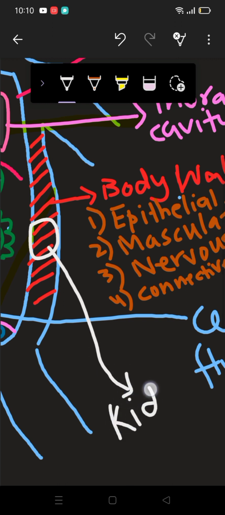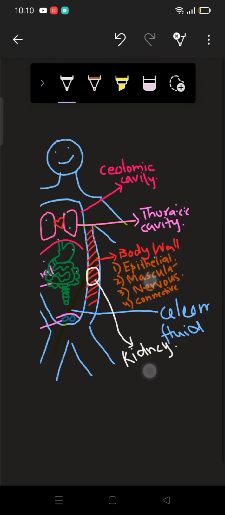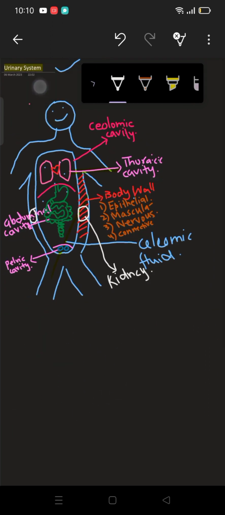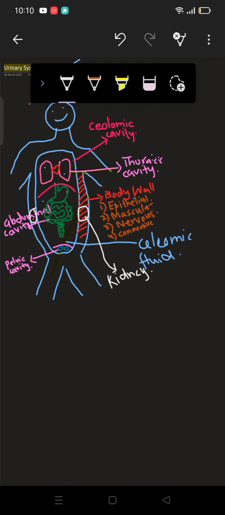Now we know that the covering on our organs is of epithelial tissue. All organs are covered with the epithelial tissue. Let me make it with this color.